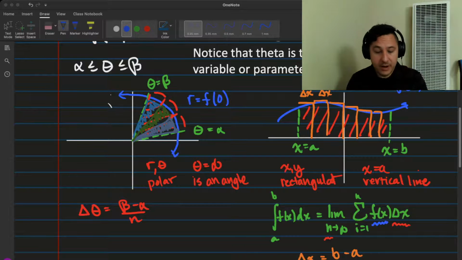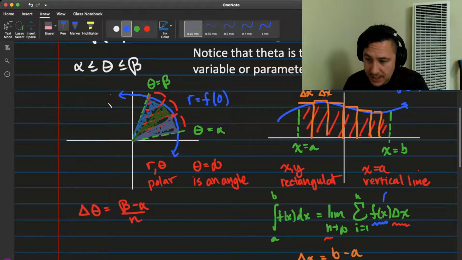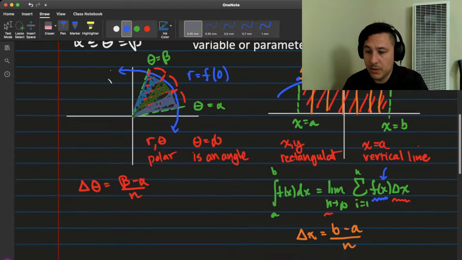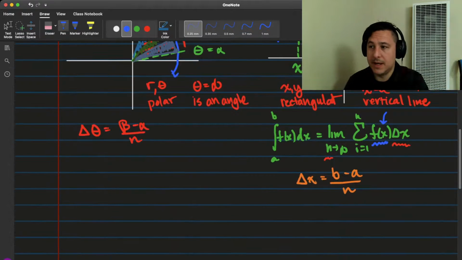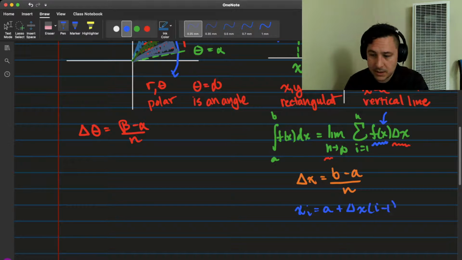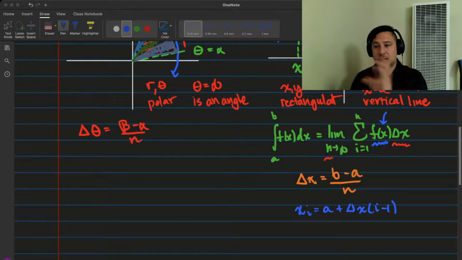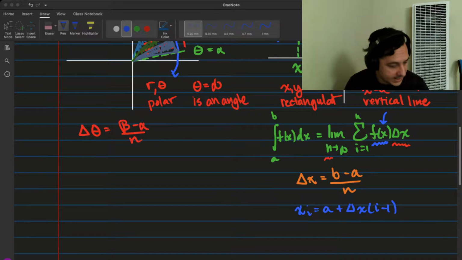Okay, and then you need a formula to plug into them. Remember how you choose the left endpoint or the right endpoint? In 101b or the end of 101a, you learned that there's this formula x_i, which is a plus delta x times i minus 1, to figure out those values to plug into the function to determine the heights.